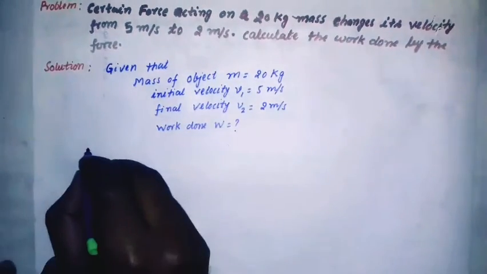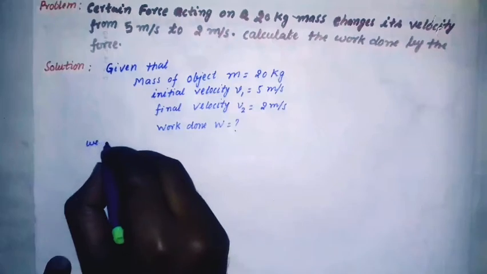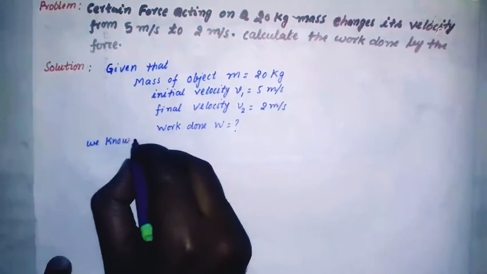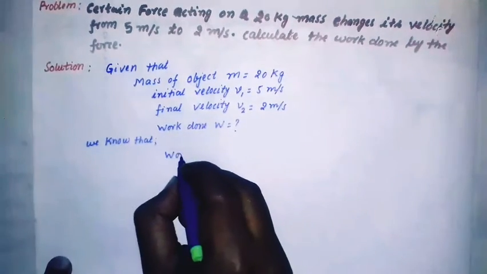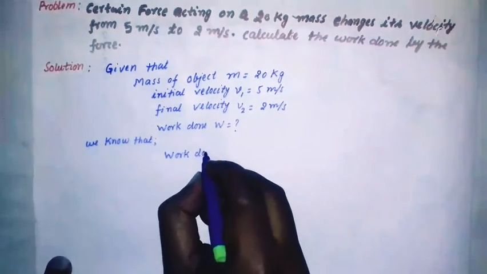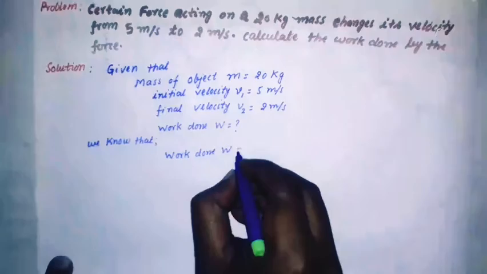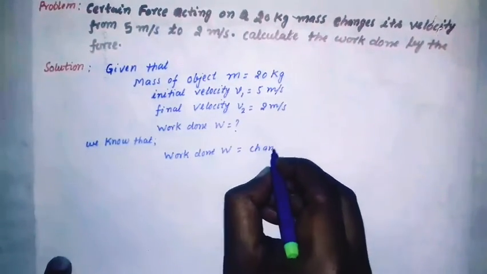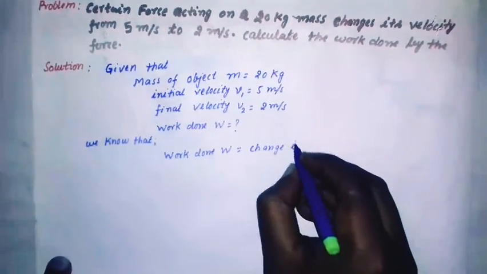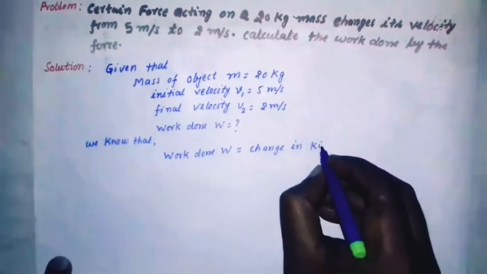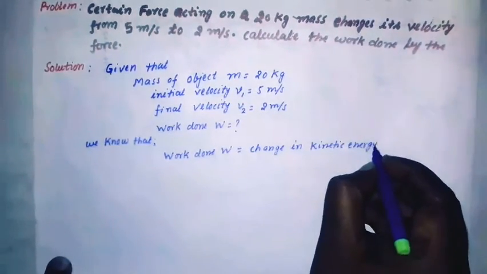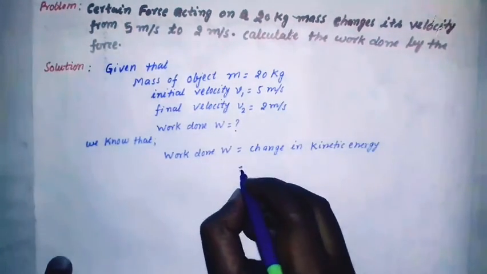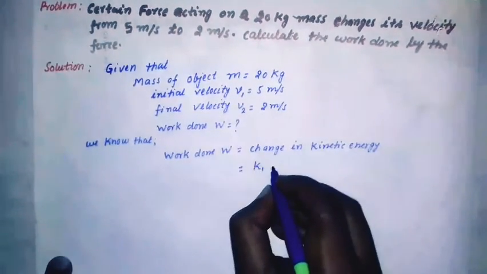So we know that work done, W, equals the change in kinetic energy, that is K1 minus K2.